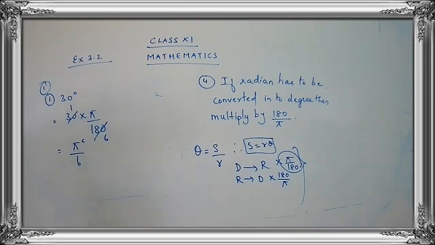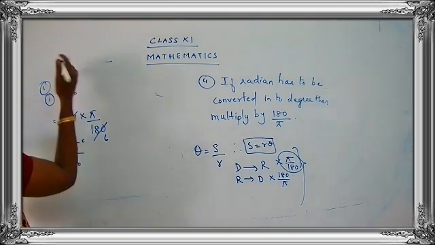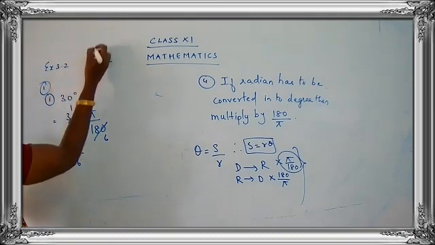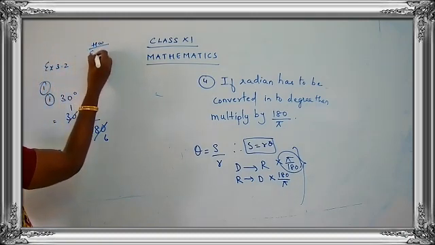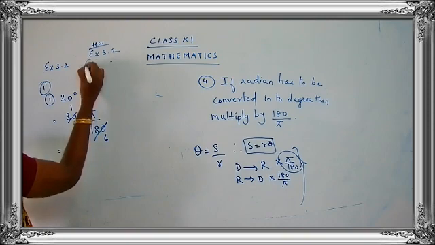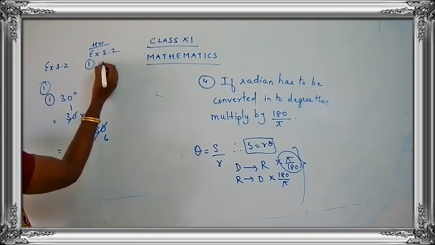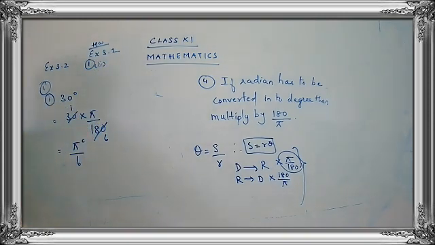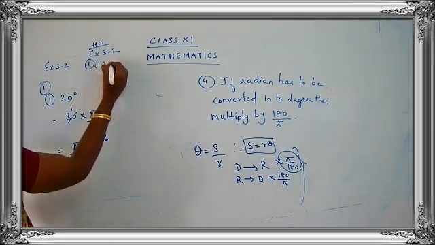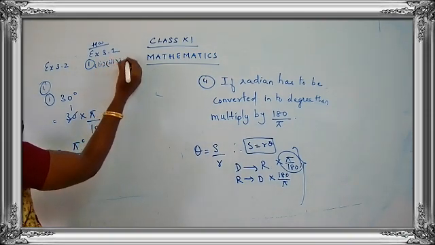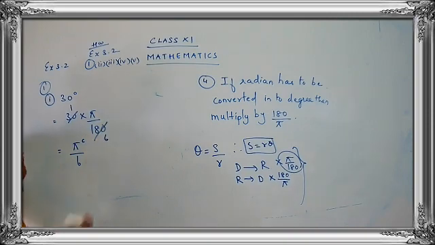Okay, have you taken down the first sum? Okay, now listen here children. Now your work is to complete the second, third, fourth and fifth subparts from question number 1. Just write down the homework, children. Your homework question is from exercise 3.2, question number 1, the second subpart. Okay, very simple. You have to just multiply by pi by 180. So the second subpart, third subpart, fourth subpart and fifth subpart.